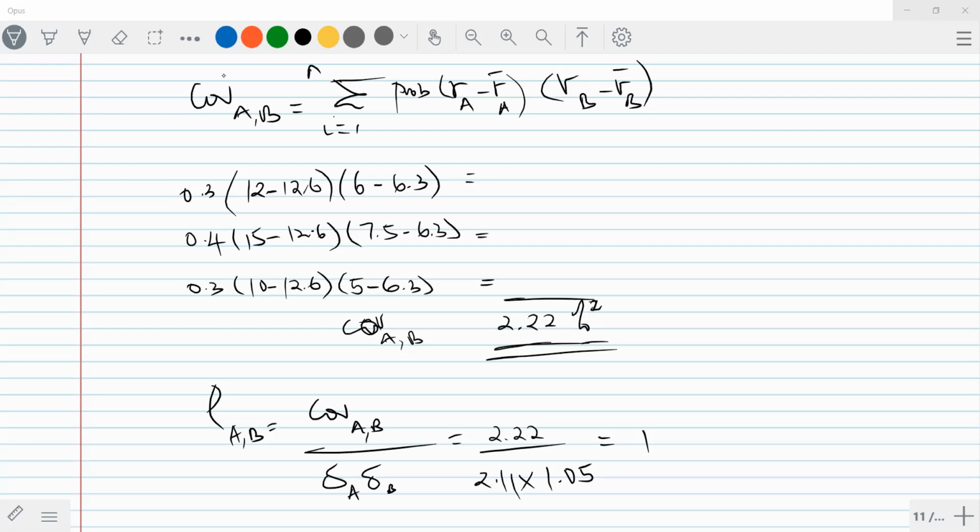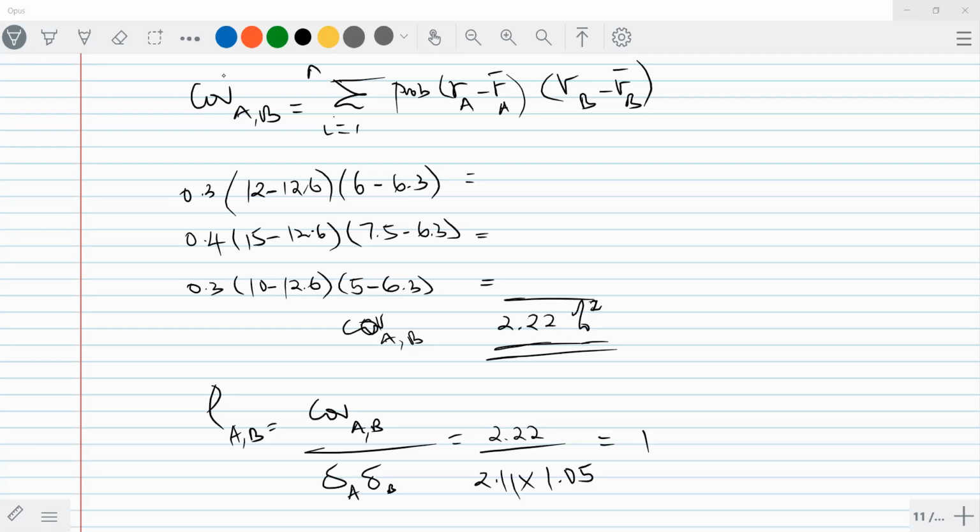Here we have positive 1, which implies perfect positive correlation. That means if A increases by 10%, then B will increase by 10%. If B decreases by 3%, then A will decrease by 3%. That's what I mean by perfect correlation.